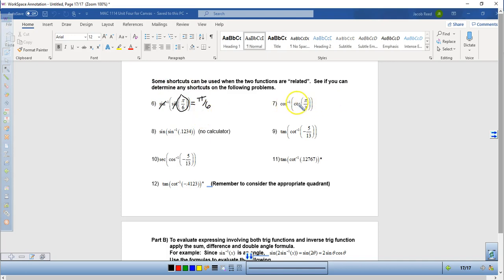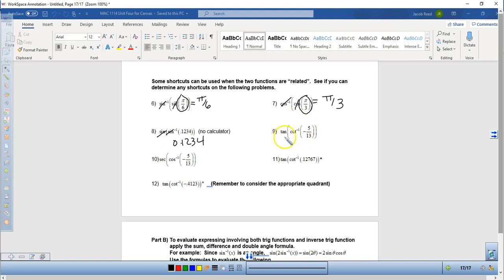Same thing here, cosine inverse and cosine are inverses, therefore they cancel off, leaving me just the angle. Notice they tell you no calculator because it's the same thing, sine of sine inverse. Therefore I'm left with 0.1234.